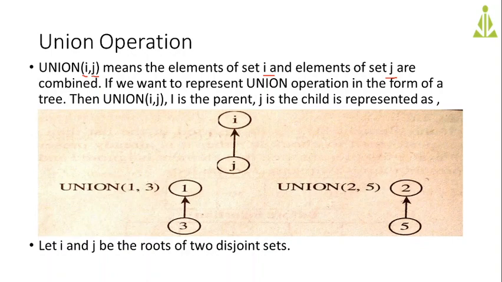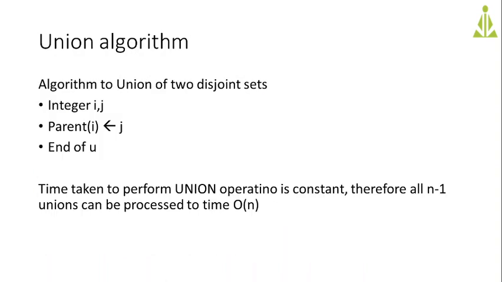When we have two disjoint sets, only then can we perform the union operation. We'll see the algorithm now. Union algorithm: algorithm to union of two disjoint sets.